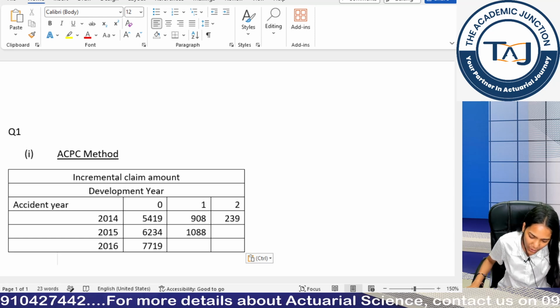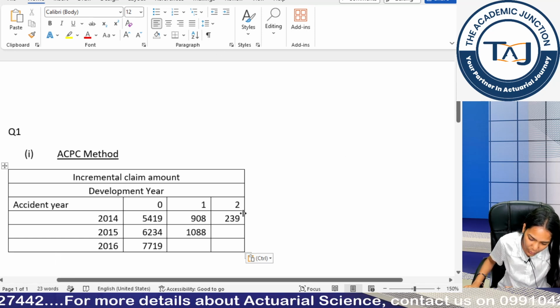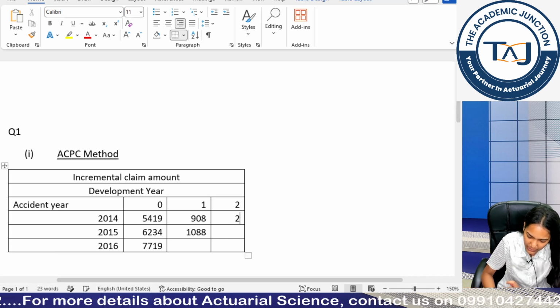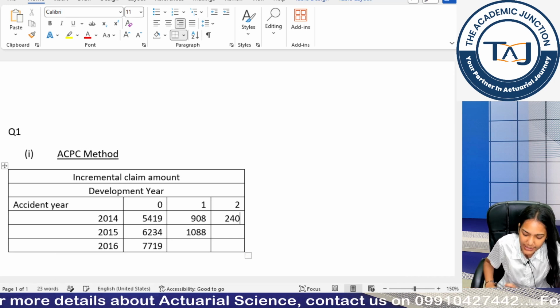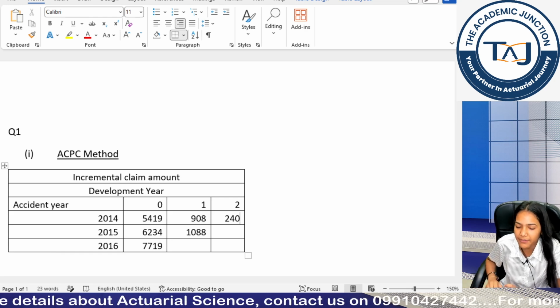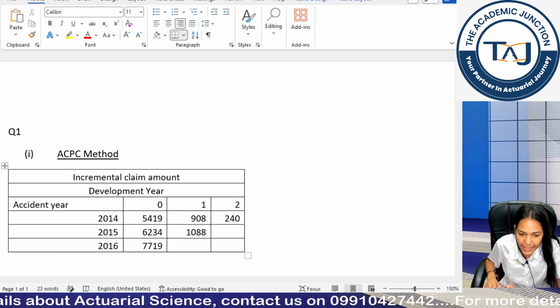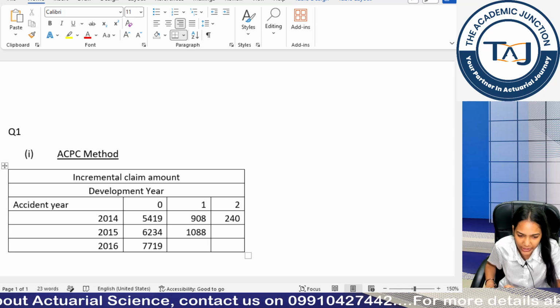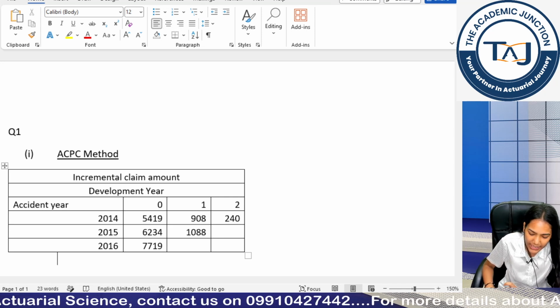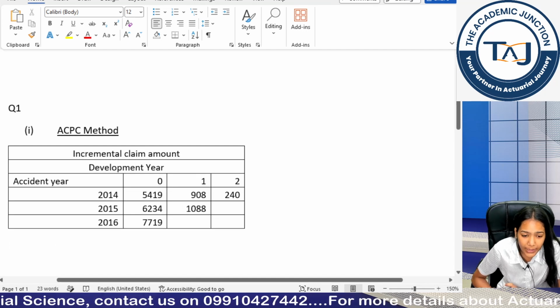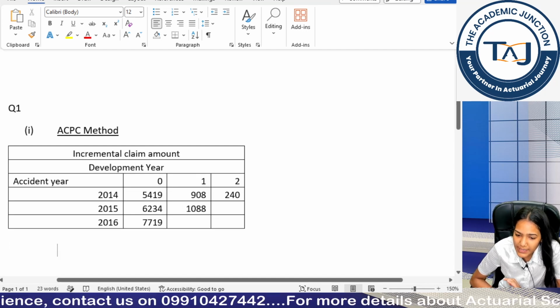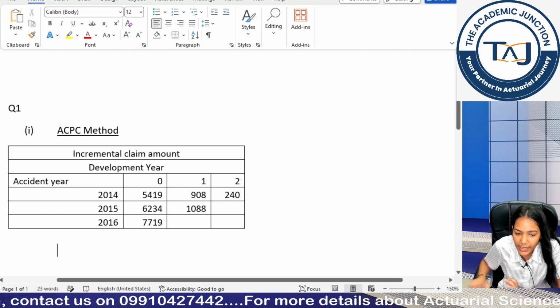For example, if I want to edit this cell and write 240 instead, I can simply go to this cell and change it. But if I paste it as an image, I can't change it. So it is better to paste it where I can edit if required. Clear guys? Similarly, I can paste every single table from my Excel.